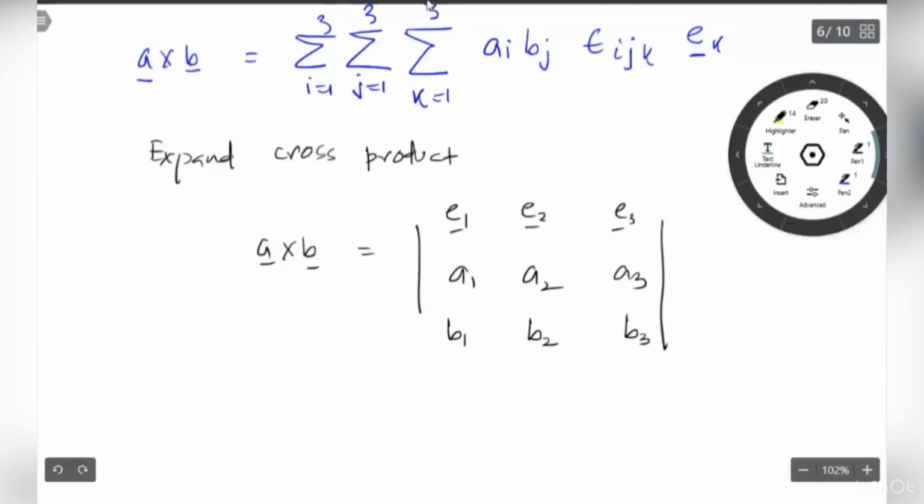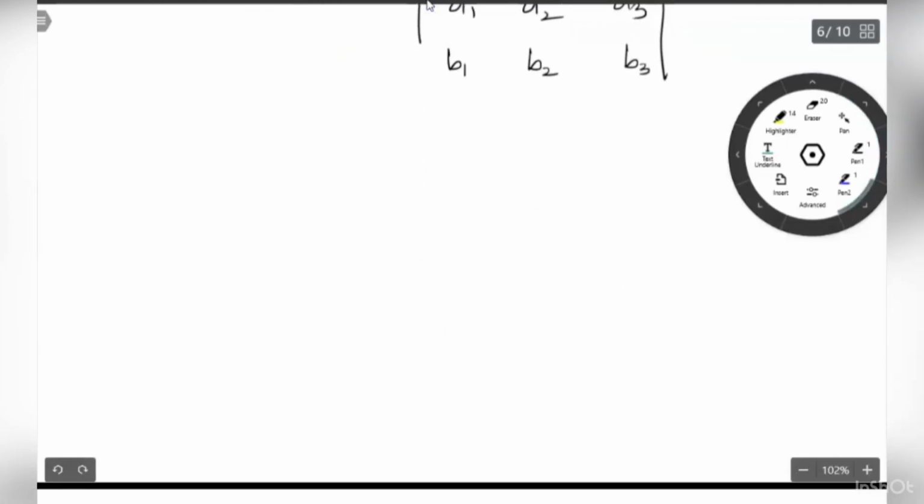Okay. Same way you can also find multiple vector products.